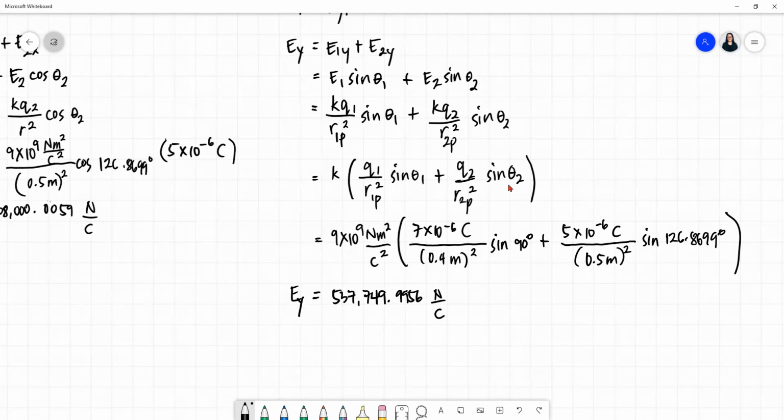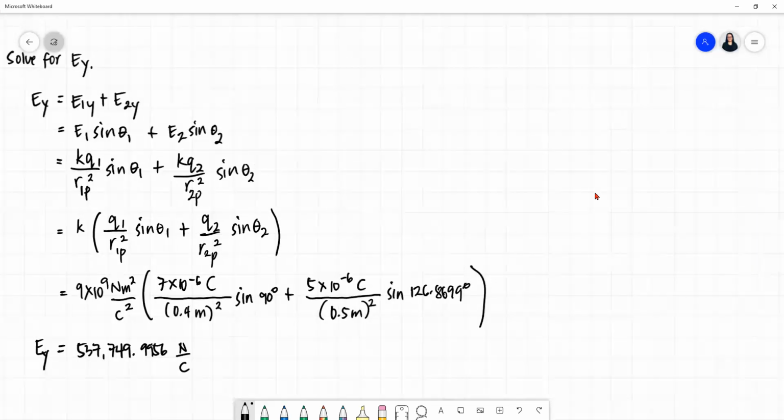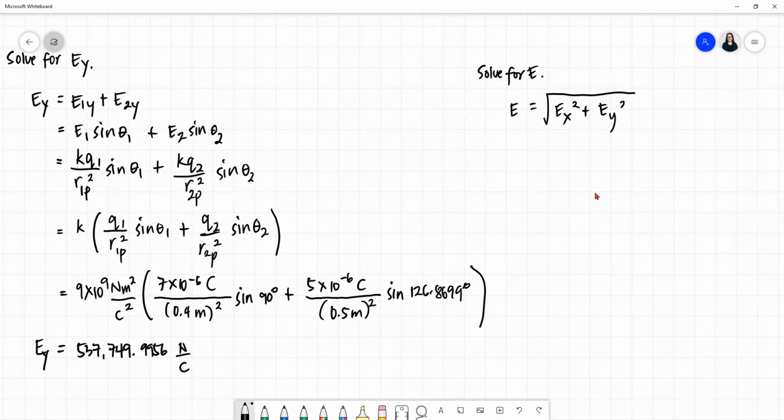And of course the resultant. So for E, the square root of the square of the x component plus the square of the y component.